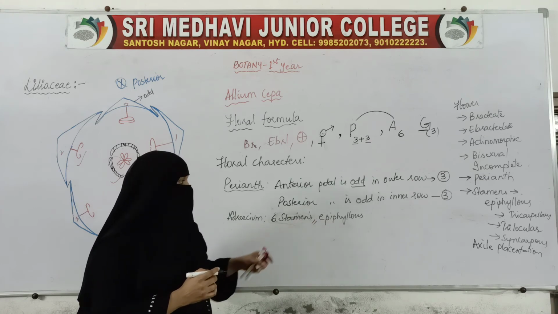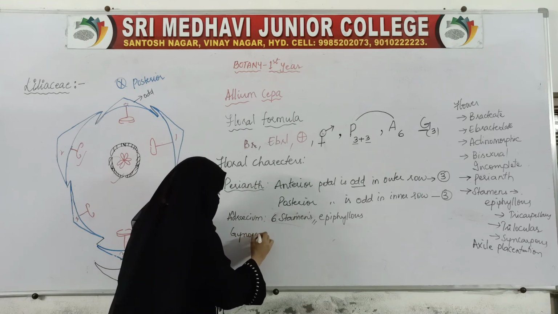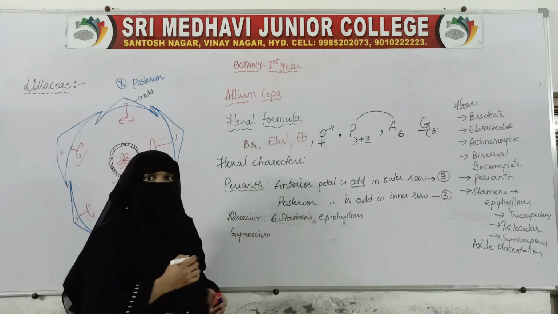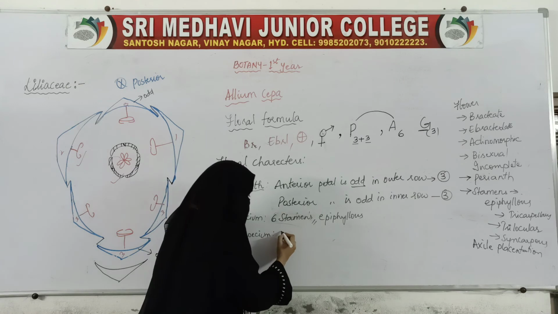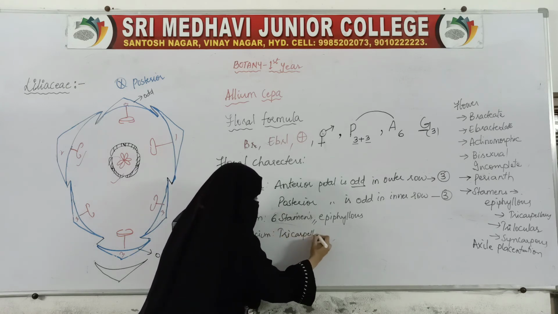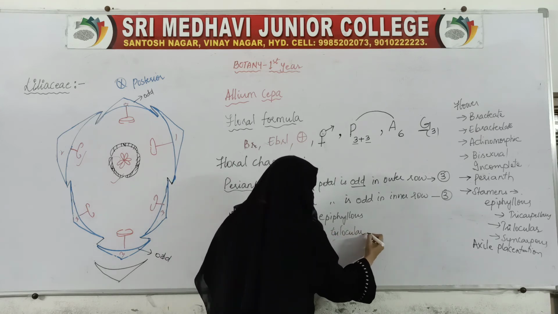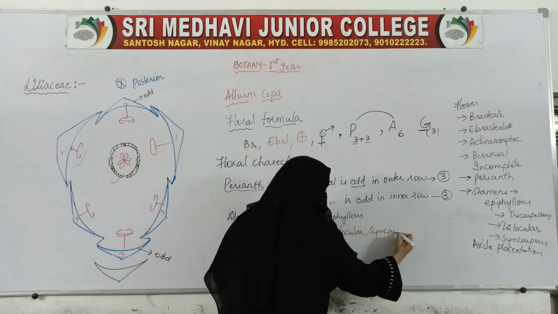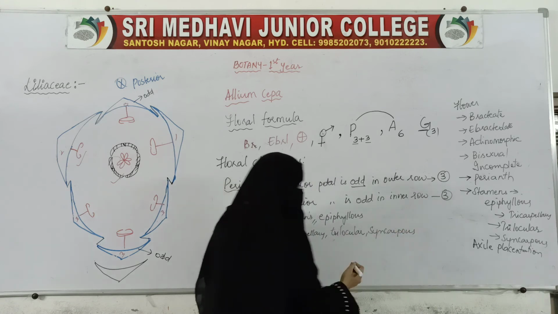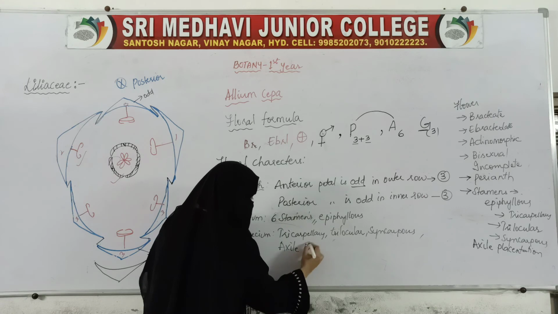Coming to this gynoecium, the ovary is tricarpellary, trilocular, syncarpous and axile placentation.